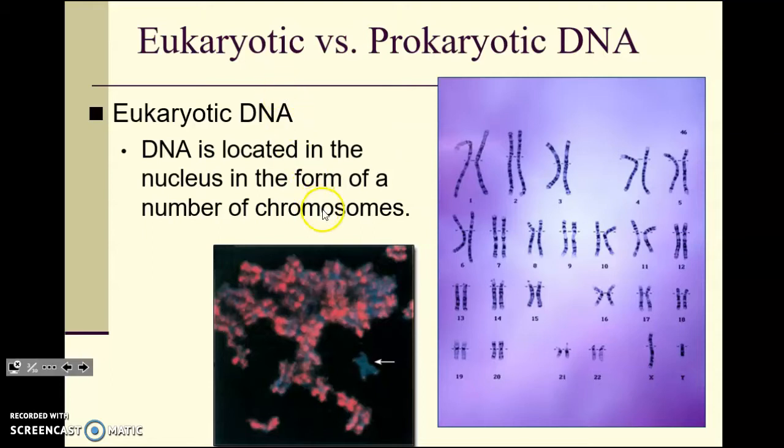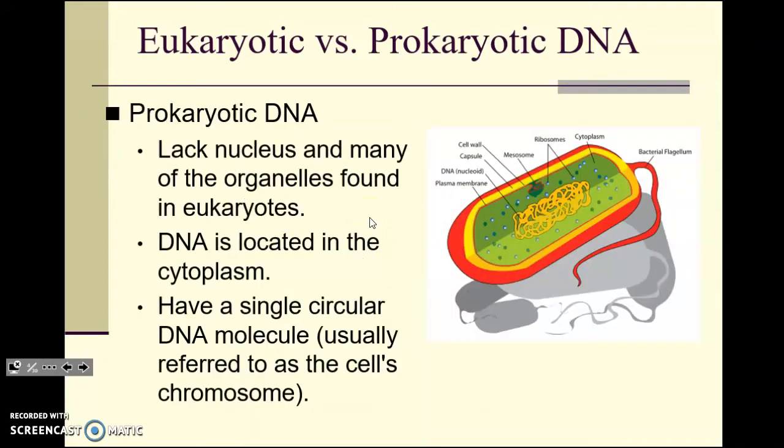So the DNA in all cells, though, goes through a process of protein synthesis. So in prokaryotic cells, you have the DNA just inside the cytoplasm. There's no nucleus around it. It doesn't have that nuclear envelope. It's not contained.